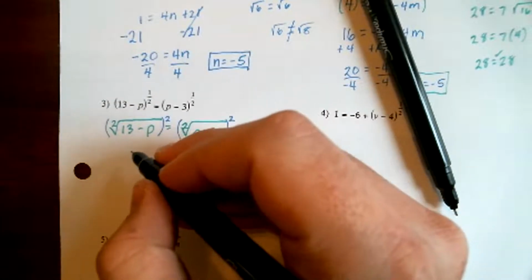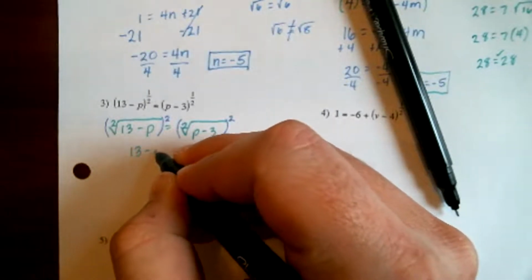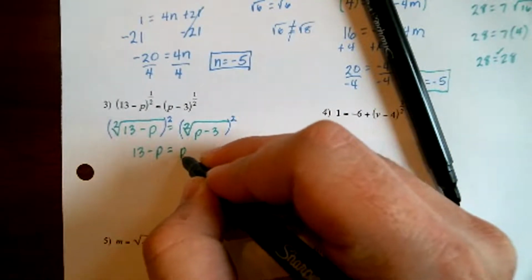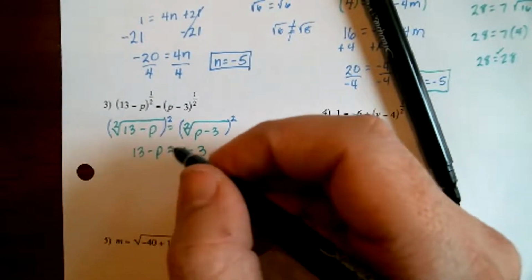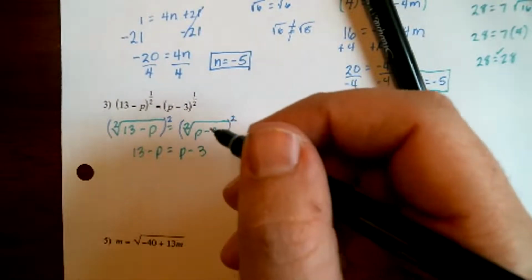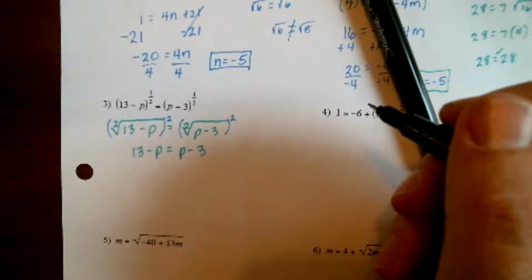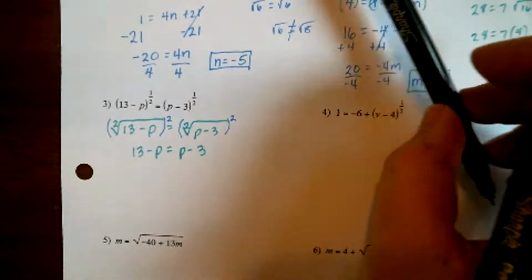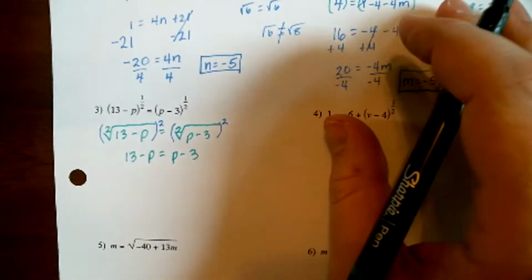Good. 13 minus p equals p minus 3. Okay.